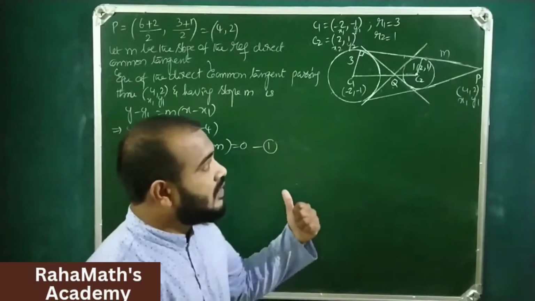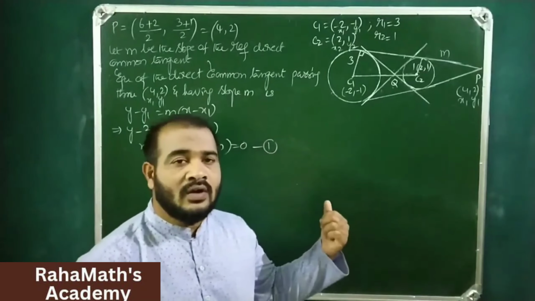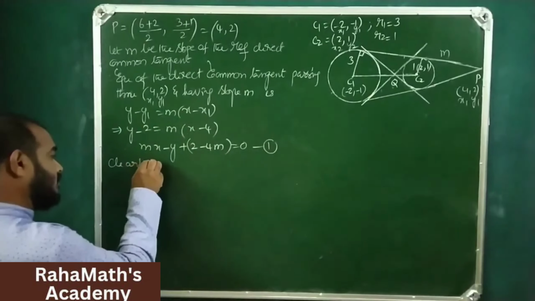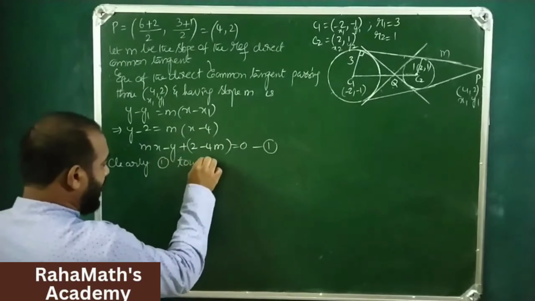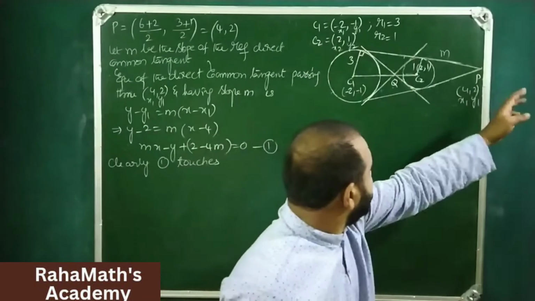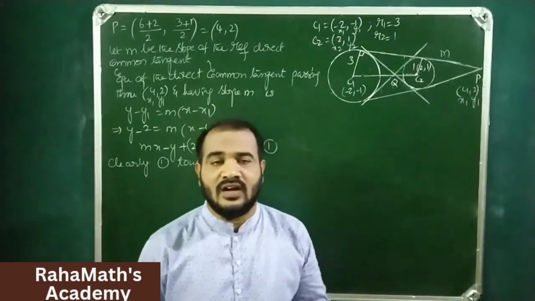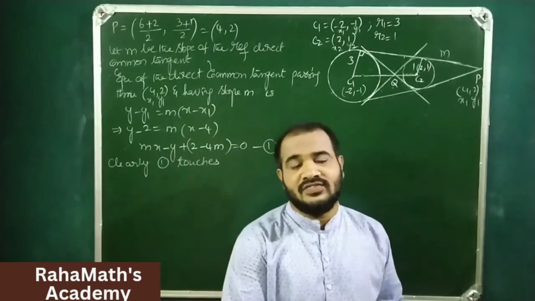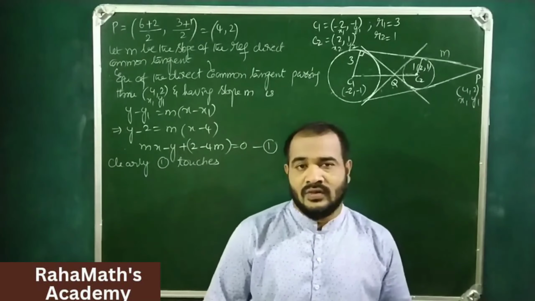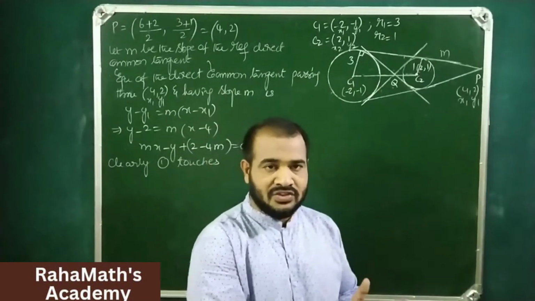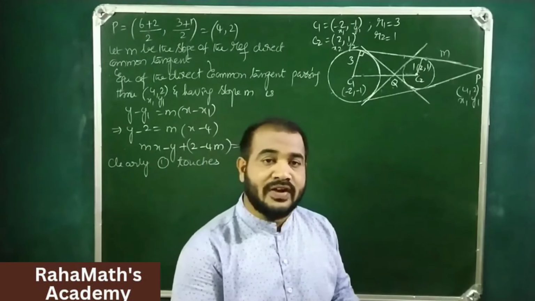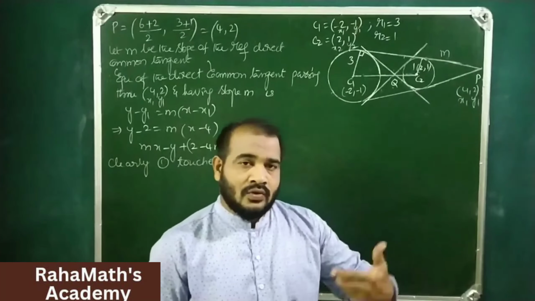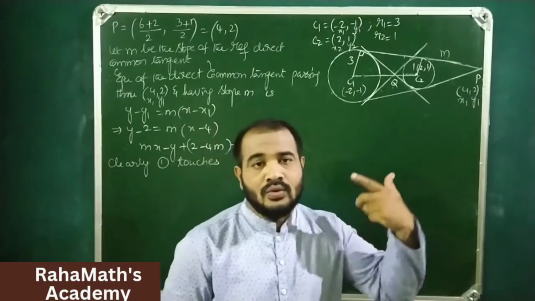Let us suppose that this is equation 1. What is this equation 1? It is the equation of a direct common tangent. So clearly 1 touches both the circles. Whenever a line and a circle touch each other, the condition for tangency is r equals d. The radius of the circle is equal to the perpendicular distance from the center of the circle to the line.